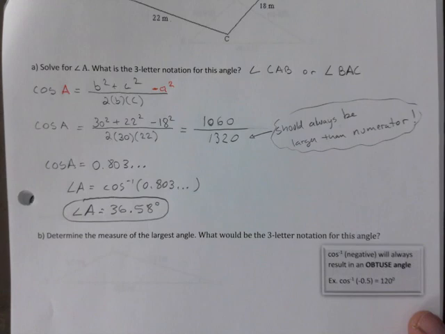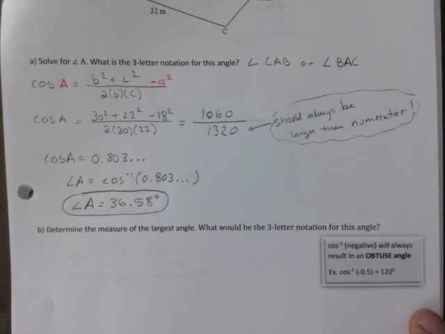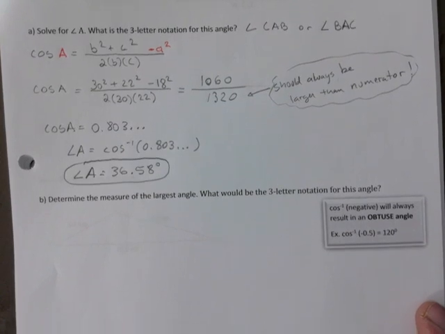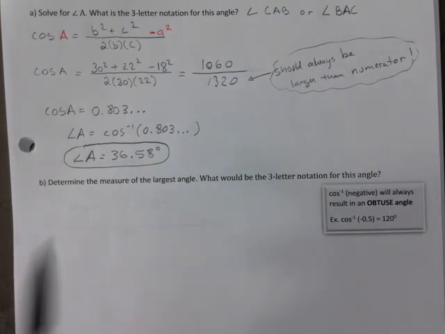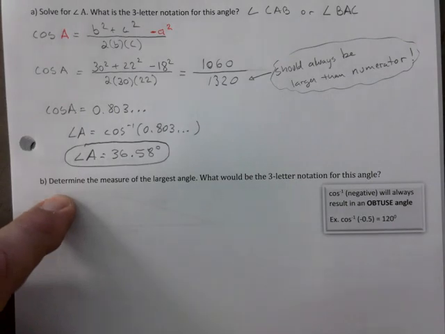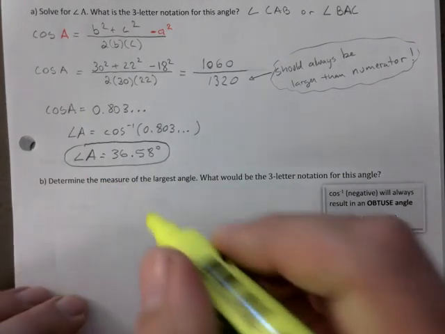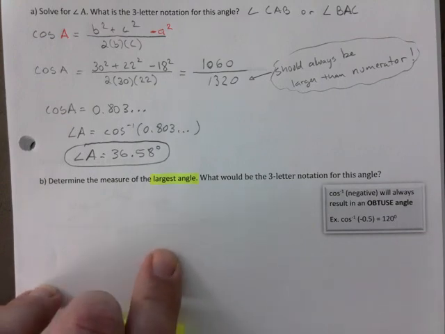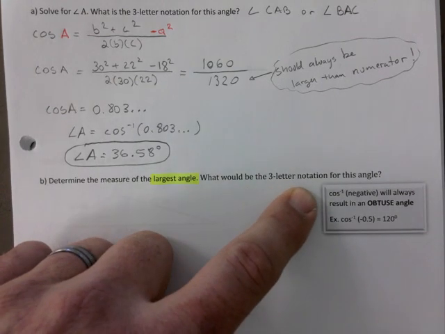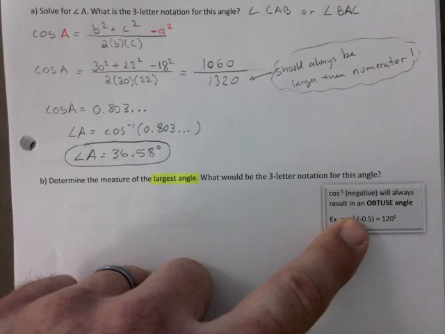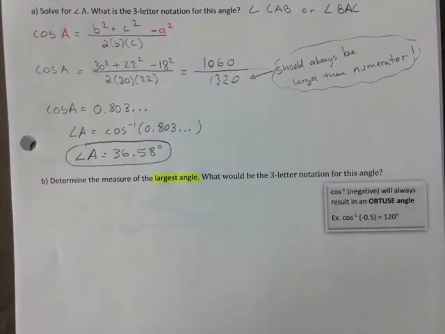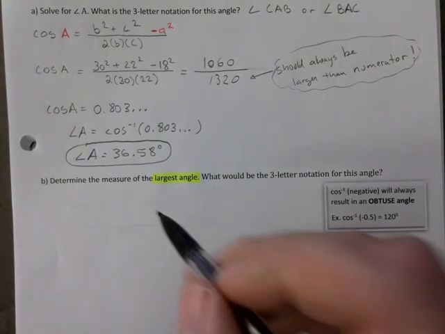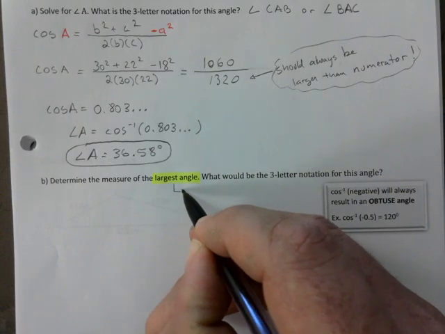One more thing you need to be aware of, and that's where this next example is important. Follow me, please. It says here, determine the measure of the largest angle. What would be the 3-letter notation for this angle? How would you know where the largest angle is?